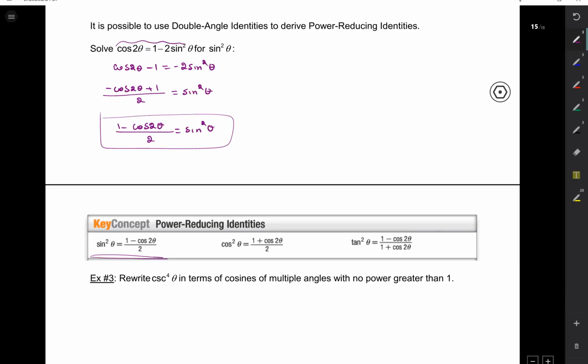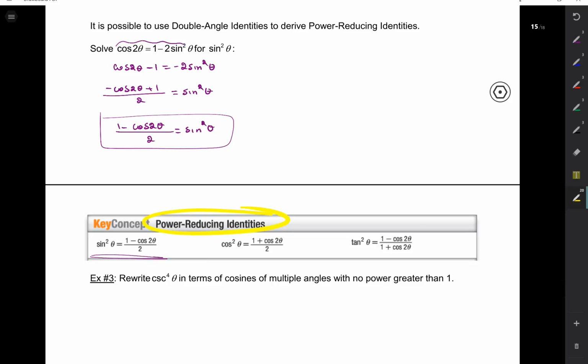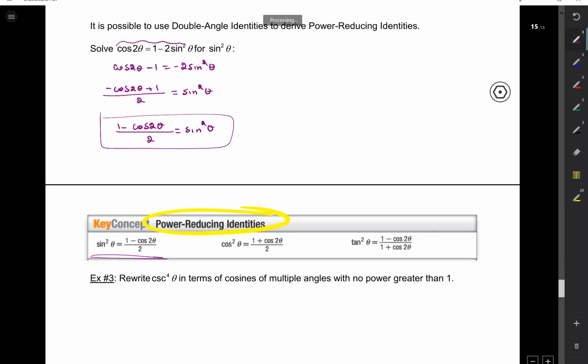So these are your power-reducing identities. Because sometimes in the context of a problem, you don't want your sines and cosines to have any exponents other than 1. All right? So what this does is it takes the exponent of 2 and makes it go away into just exponents of 1.